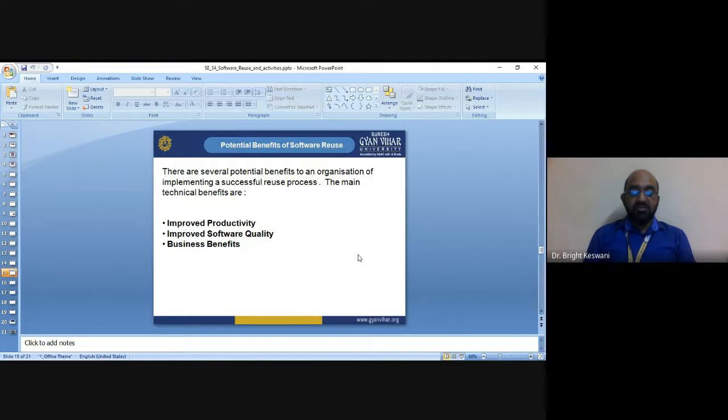This is achieved because of the reduced development time due to the fact that the components have already been built. And in order for a component to be suitable for reuse, it must have appropriate documentation and must be tested thoroughly, and ideally should also have been certified to confirm their quality.